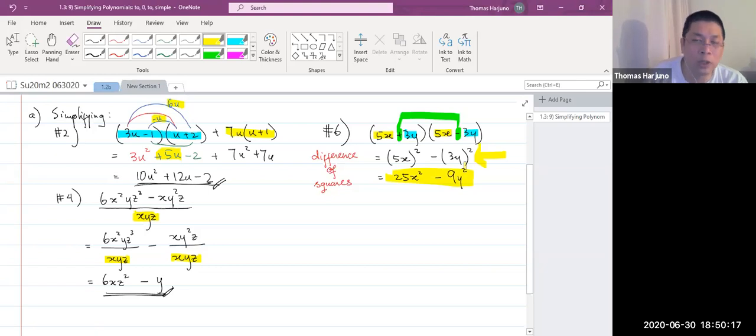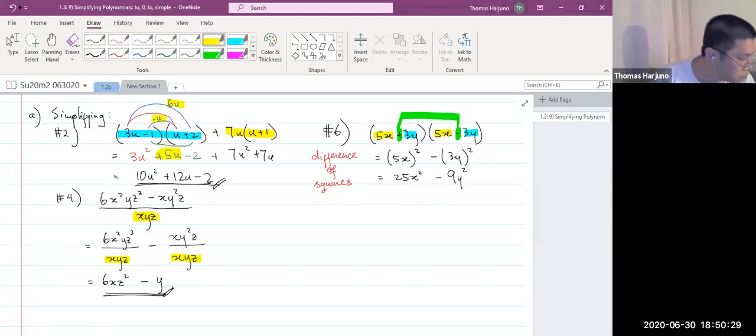Of course, once it gets more complicated, then I expect you to write more, but this is a simple one. For pre-calculus class, I do expect you to be able to do it visually and write the final answer directly.